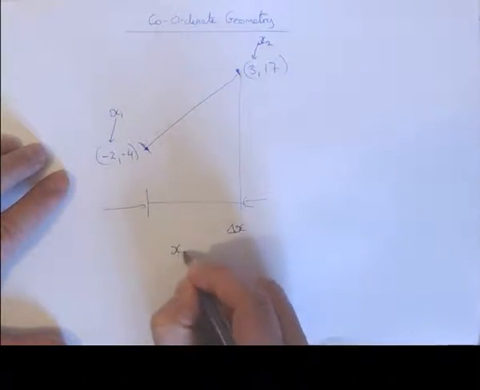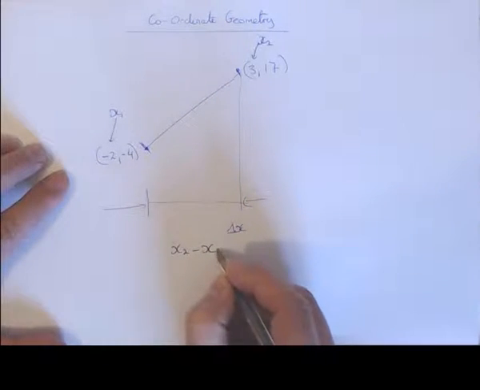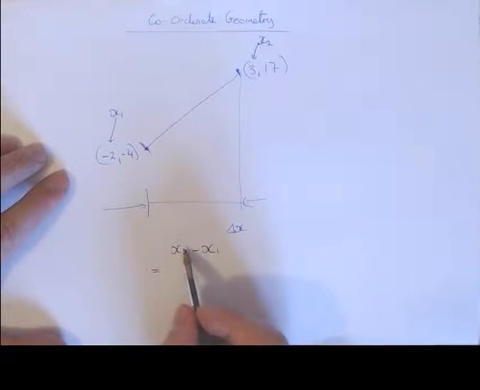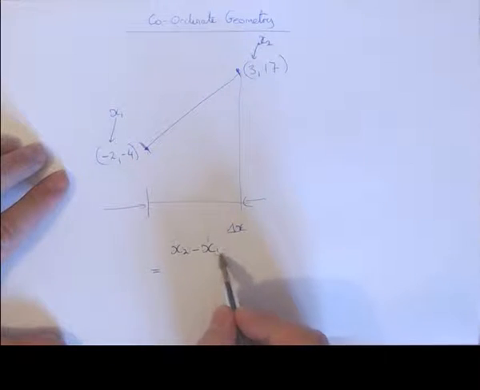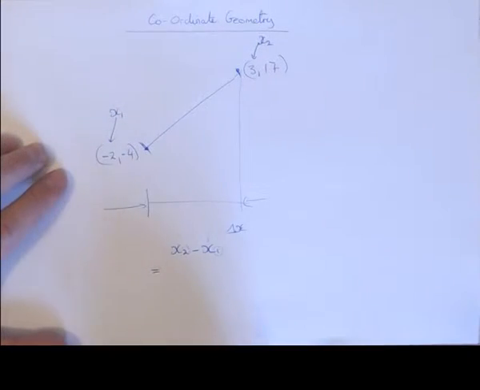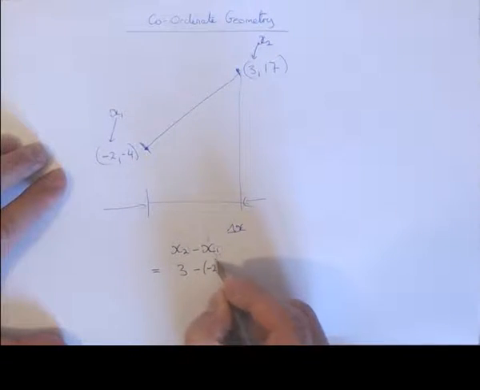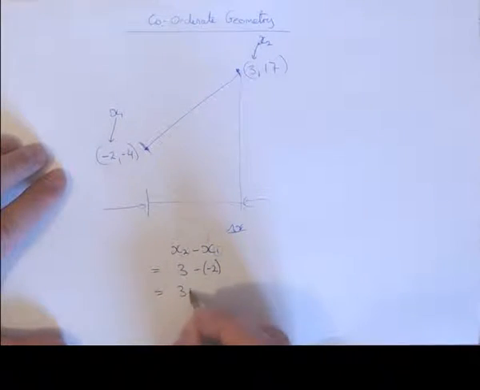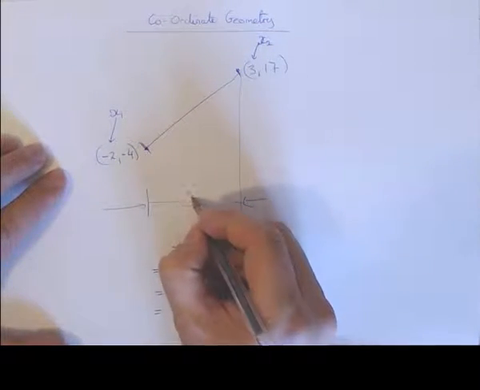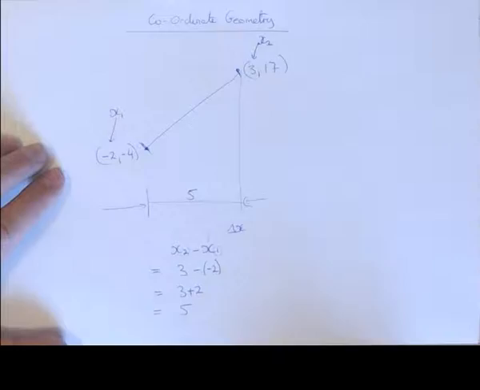So that's x2 minus x1, which is 3 take away negative 2, equal to 3 plus 2, which is equal to 5. So we found this distance was equal to 5.